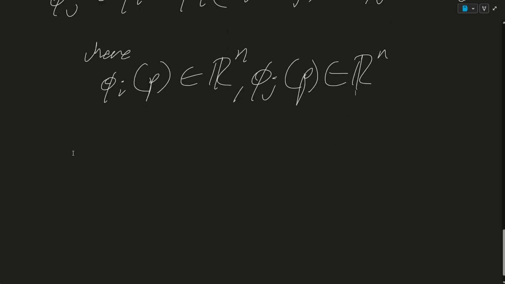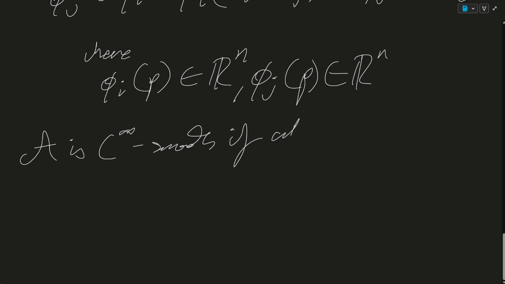So, just to formally define what a smooth atlas and a smooth manifold are, A, that was terrible, A is C infinity smooth if all phi ij is smooth.